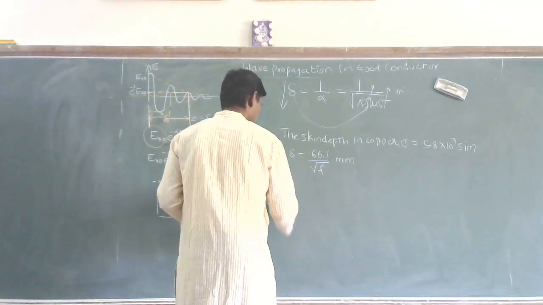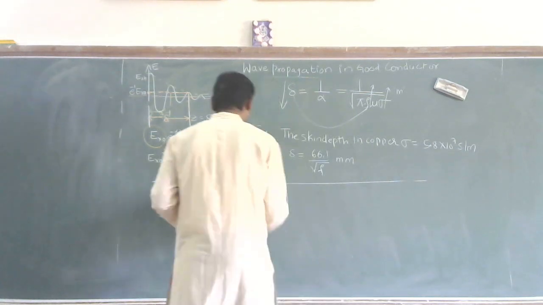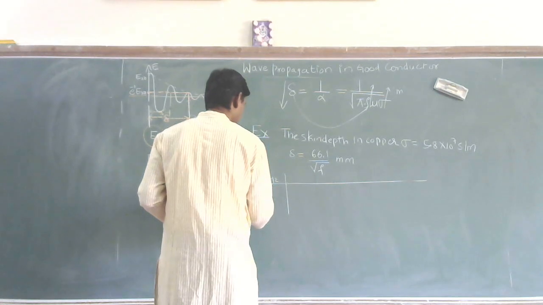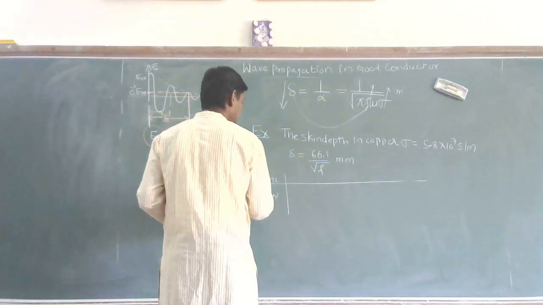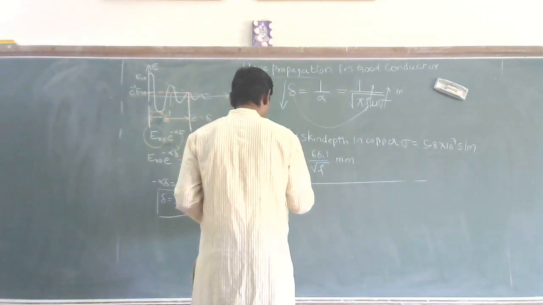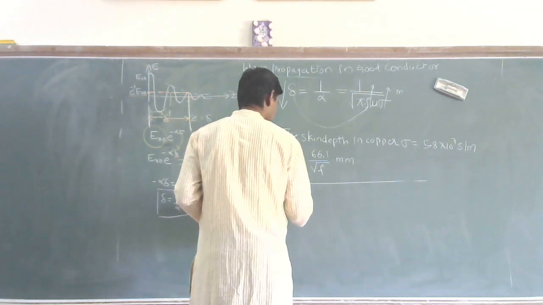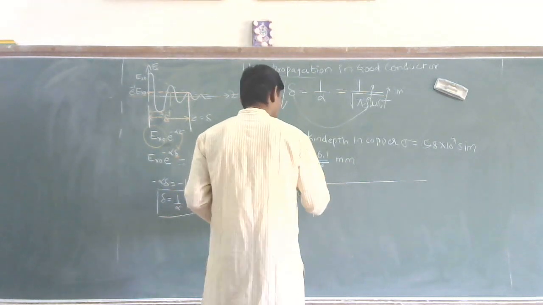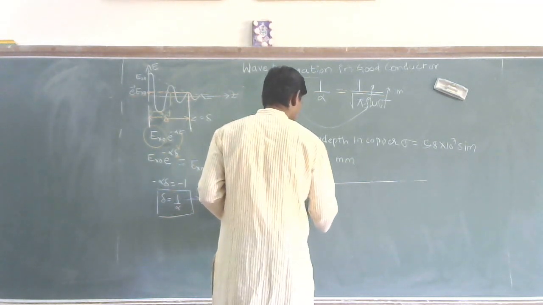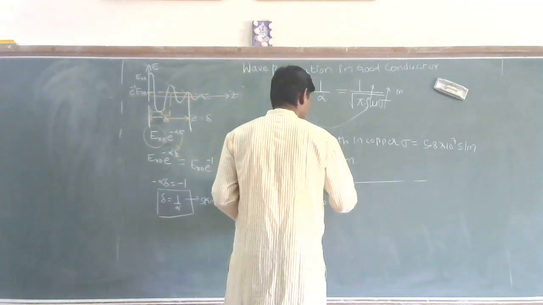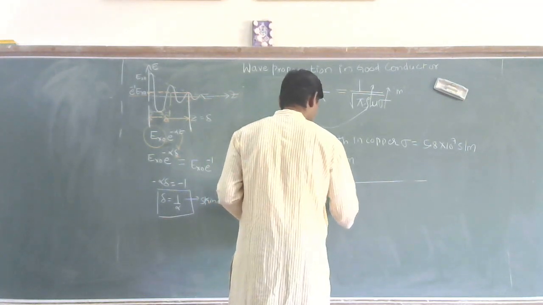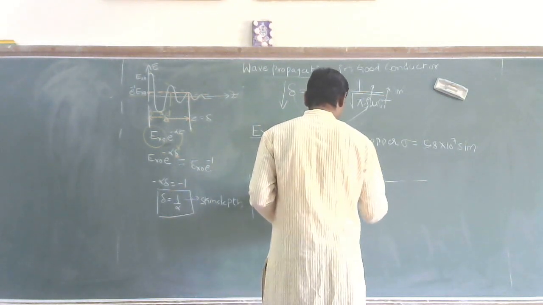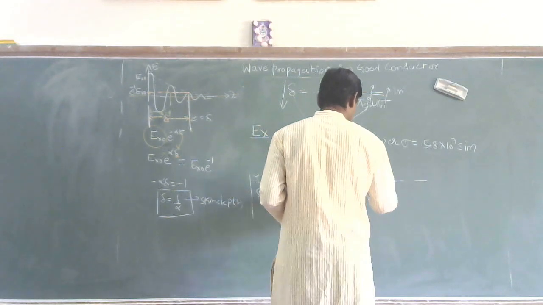Let me form a table with respect to frequency in hertz, and delta measured in millimeters. For a frequency of 10 hertz, the depth of penetration is 20.8. At 60 hertz, the depth of penetration is 8.6. At a frequency of 100 hertz, the penetration is 6.6 millimeters. At 500 hertz, it's 2.9 millimeters.